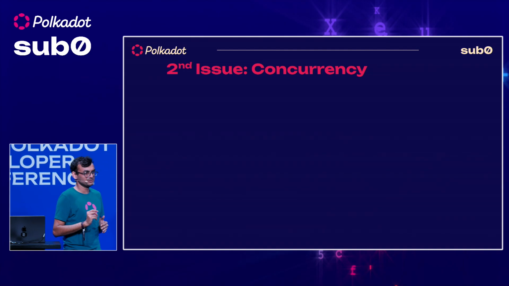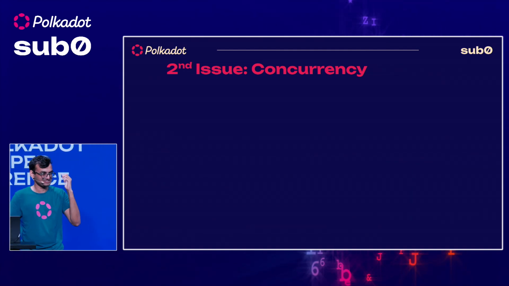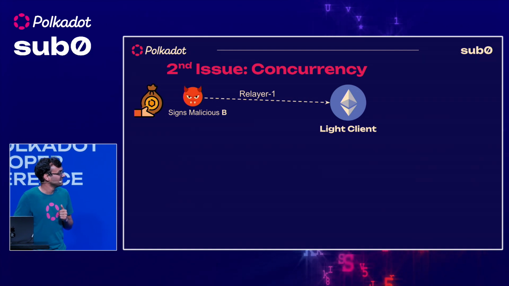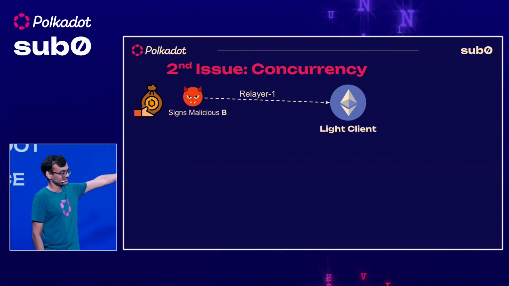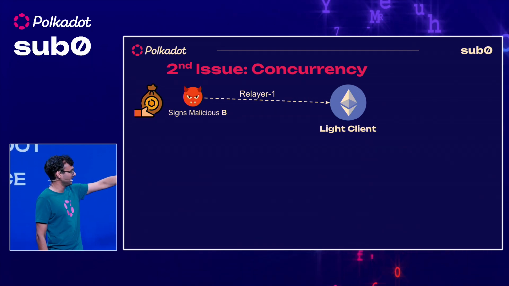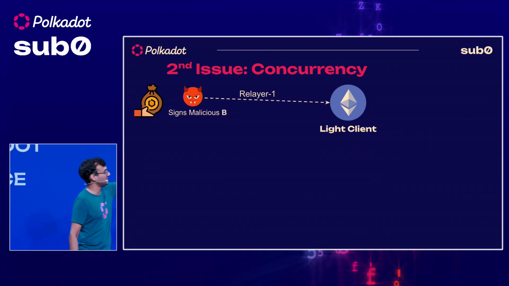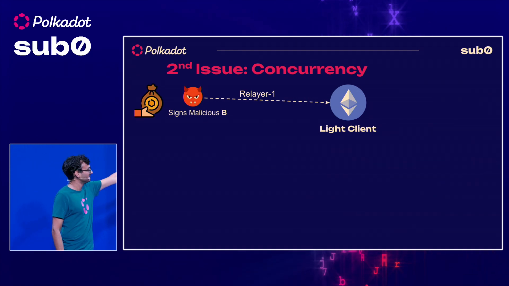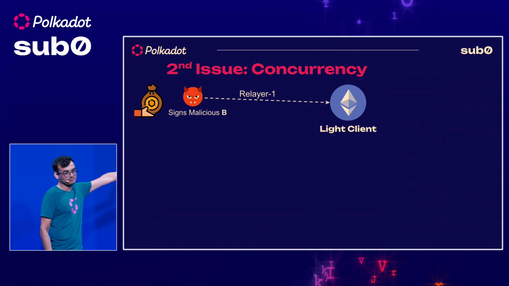The second issue is very subtle. It comes in some form of concurrency. Let's say there is one malicious validator. He signs a malicious block and sends it through the relayer to the light client, and he has some stake associated with him. So if he got caught, his stake would be slashed.